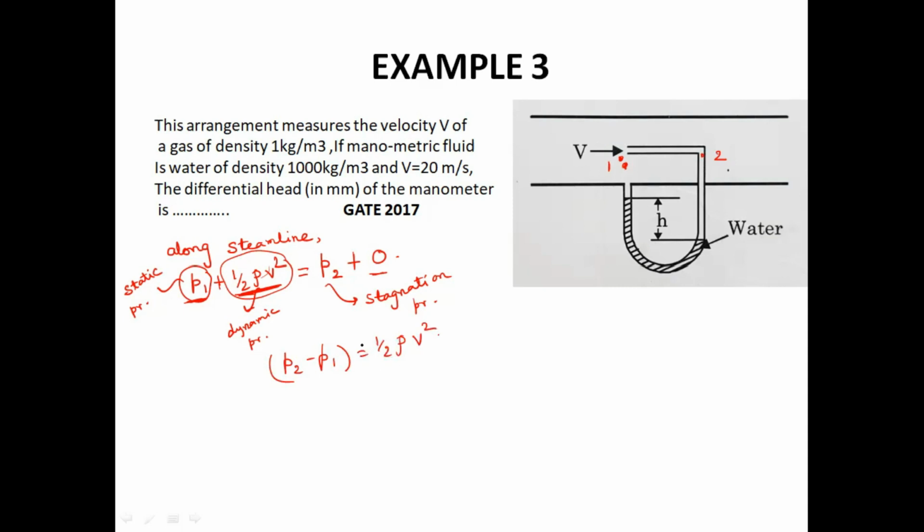What is rho? Rho is the gas density, it's given as 1 kg per meter cube. This pressure difference is equal to half rho v square, and that has been measured by this manometer.